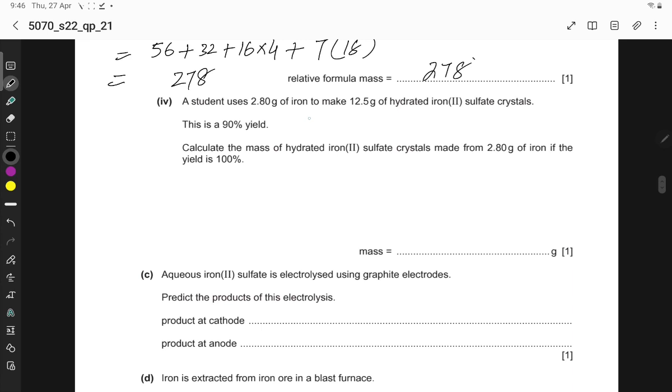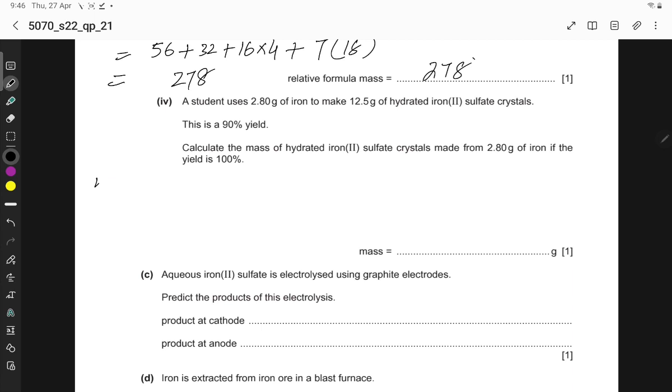Student uses 2.80 gram of iron to make 12.5 gram of hydrated iron 2 sulfate crystal. This is 90% yield. Calculate the mass of hydrated iron 2 sulfate crystals made from 2.80 gram of iron if the yield is 100%.